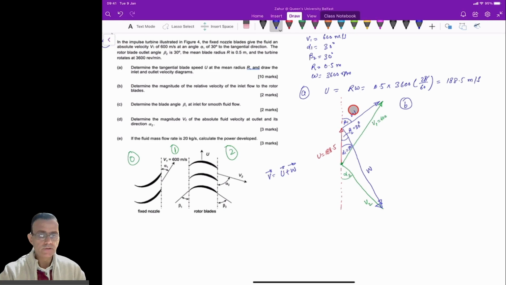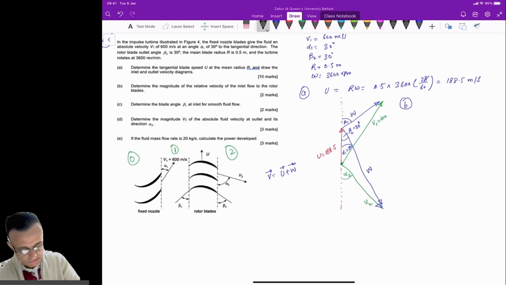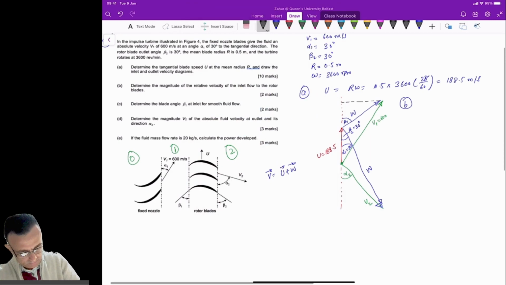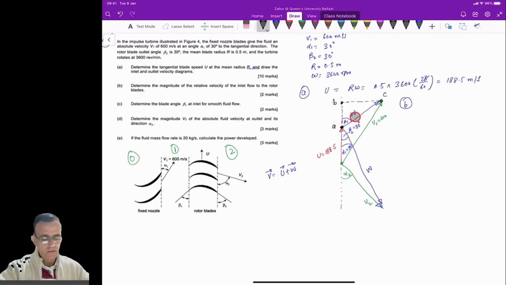So to calculate W here, what we will do, if you call this point A, this point B, and this point C here, we know that this is a right angle triangle.